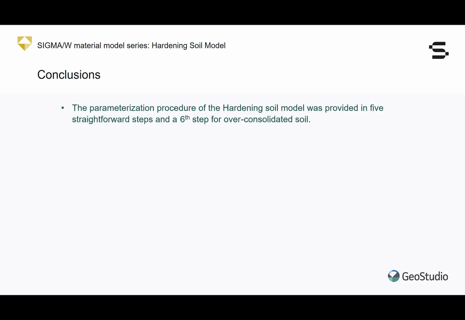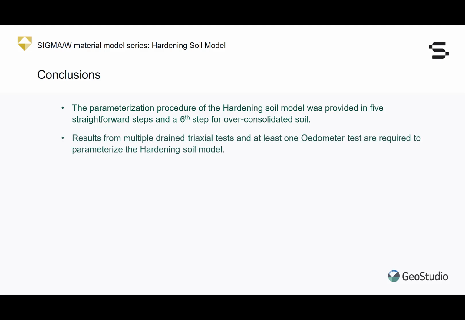To conclude, the parameterization procedure of the hardening soil model was provided in 5 straightforward steps and a 6th optional step for over-consolidated soil. It was shown that the results from multiple drained triaxial tests and at least one oedometer test are required to parameterize the hardening soil model.